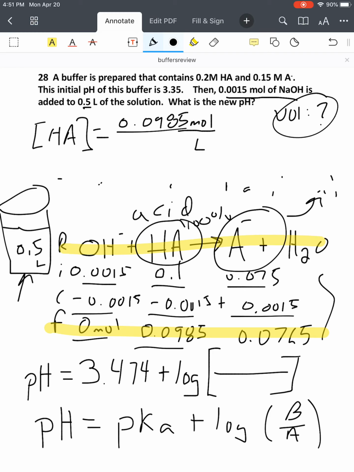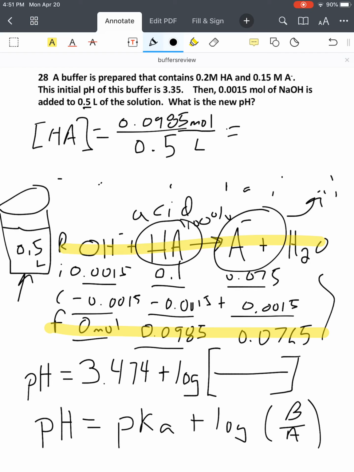So in such cases, I guess we can just assume it's 0. In some cases, maybe the problem tells you that you add 5 milliliters, and in that case, you have to add that back into the total, right? But here, since we're not told that, I'm just going to say that we have 0.5 liters of volume, unchanged, that we added the sodium hydroxide with no change in the total volume.